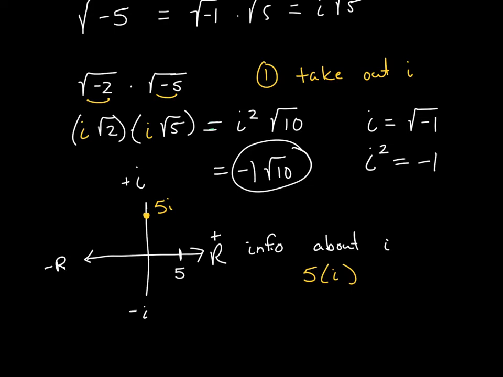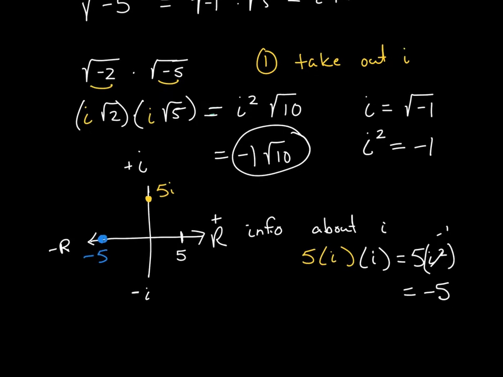So if I take that 5i, which is where I am right now, and multiply it times another i, I get 5i squared. And we just said what that is equal to, right? i squared gets replaced with a -1. So now that is equal to -5. So where am I? Now I'm back over here at -5.